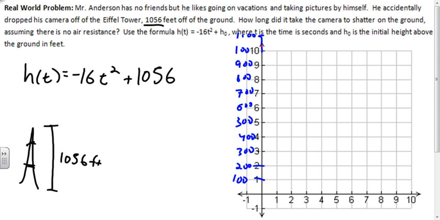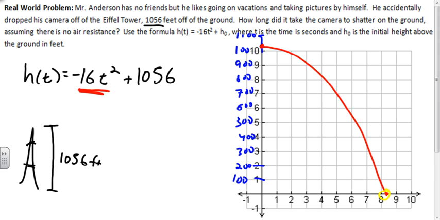We started at 1,056, came down, and according to that graph, it hit just a little bit past 8. So what's happening here is the curve is getting steeper because gravity is pulling down on it as an acceleration, making it fall faster. So when it finally hit the ground, it was a little bit in between 8 and 9 seconds.